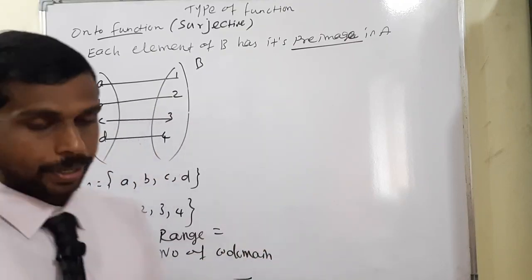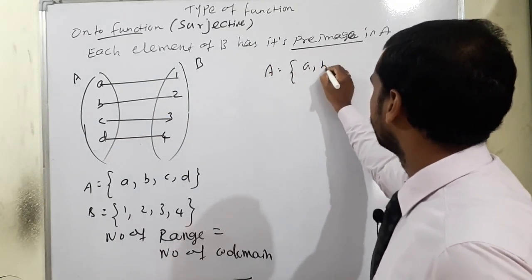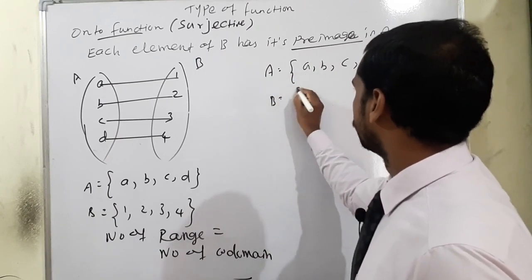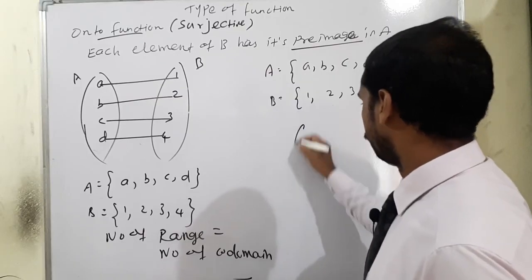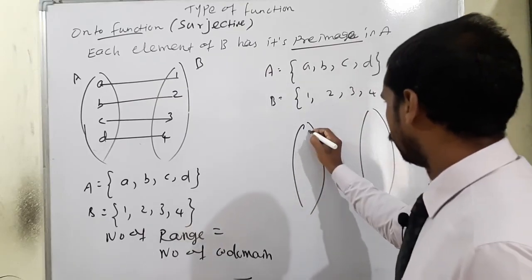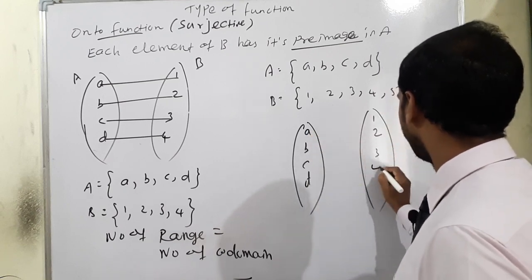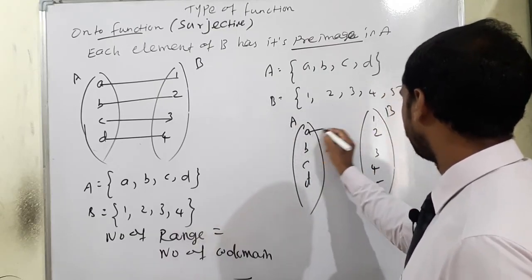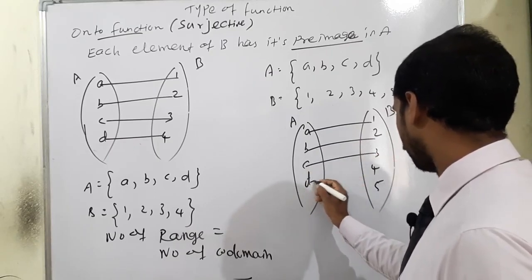But instead of this diagram, suppose A is equal to A, B, C and D. Then B is equal to 1, 2, 3, 4 and 5. If you make the diagram, A, B, C and D, and 1, 2, 3, 4 and 5. This is the domain, this is called the codomain. Mapping A to 1, B to 2, C to 3, D to 4.